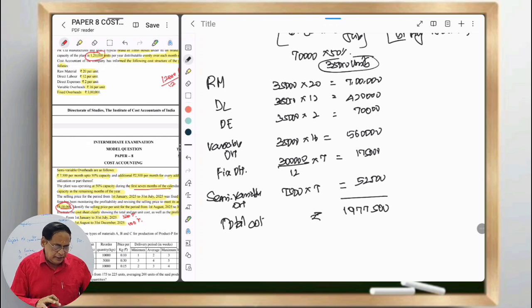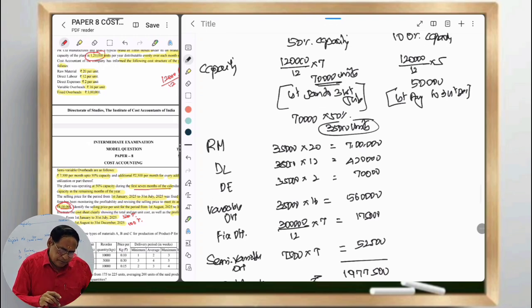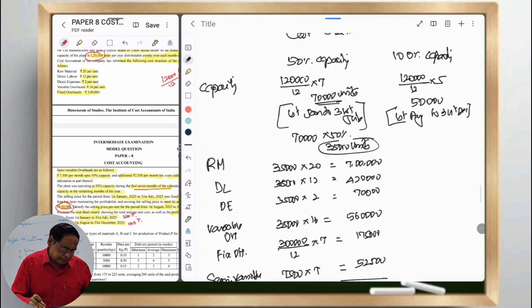Likewise, we have to calculate for 50,000 units, that is 100% capacity utilization. So, how much do we have to find out? Because this is 100% capacity. The raw material cost is 20 rupees, so 50,000 into 20 rupees, that is 10 lakhs.